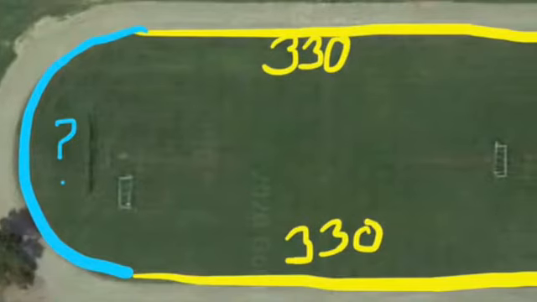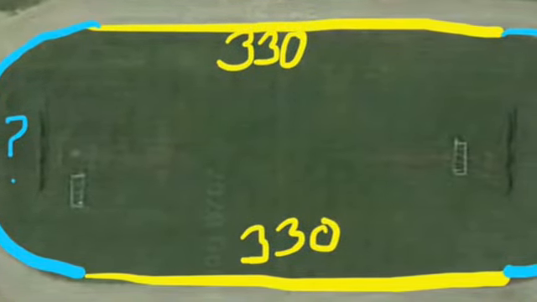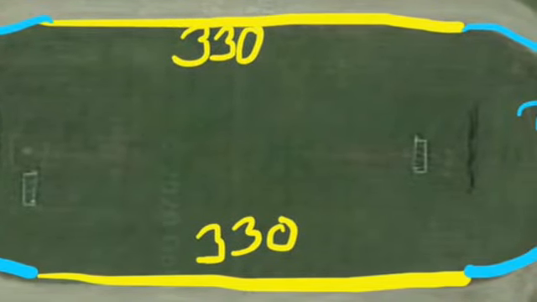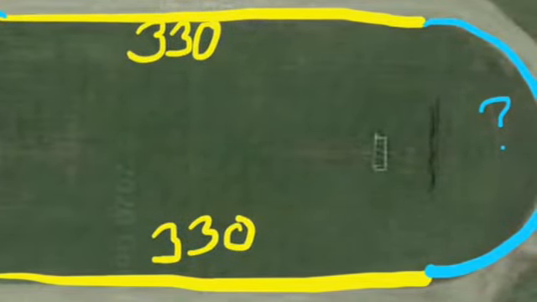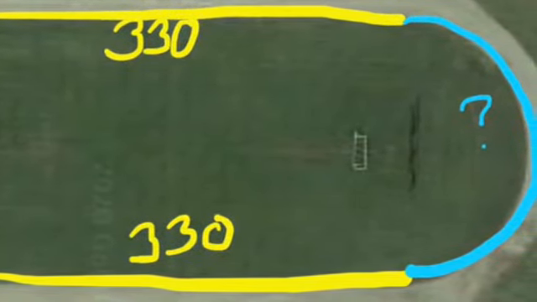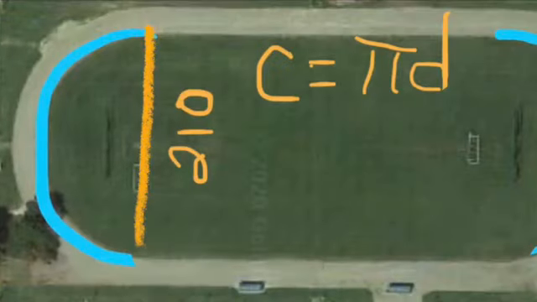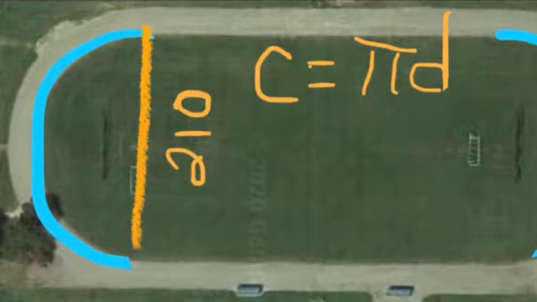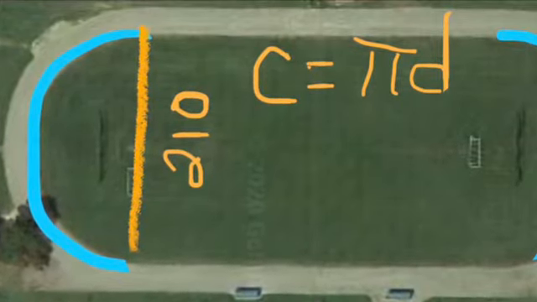Now that I have 330 on one side, I can multiply it by 2 and get 660 feet. So I know there's 660 feet on both sides of the field. Next, I need to determine the distance around the outside of each semicircle. To find the distance around a full circle, we use the formula pi times diameter. In this case, we have 2 half circles.